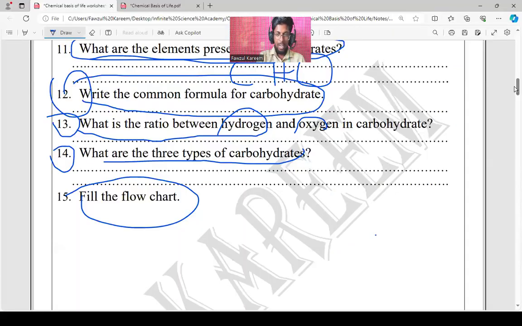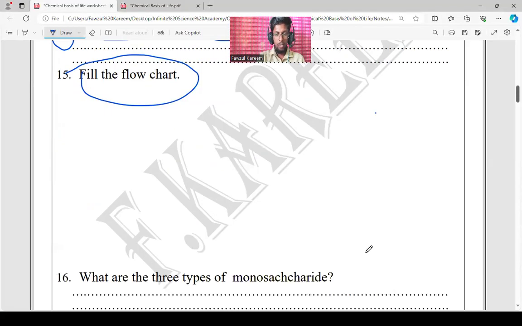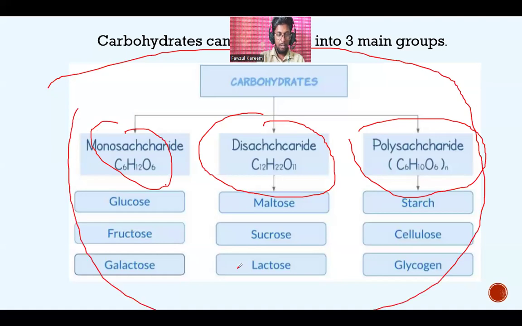Fill the flow chart, right? Okay. In this gap, you can draw the chart. Draw this chart here, this one. Draw this chart in that gap. Question number 15, draw this chart. Quick, don't take more time.